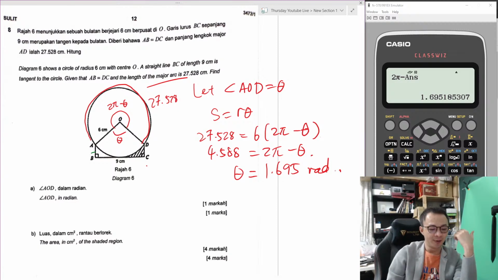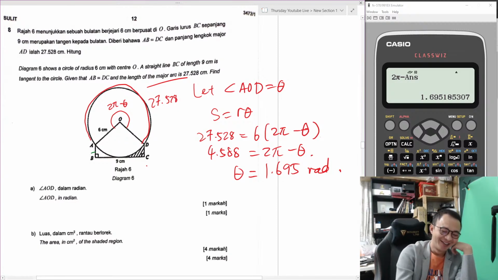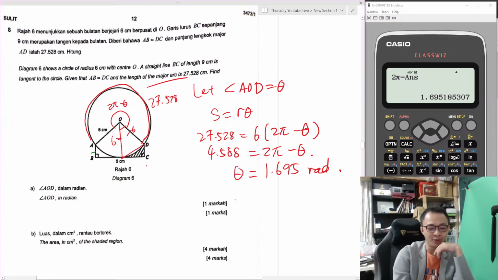Okay, come back. Just now I was trying to find this length here. This is 6 and 6, and I have the angle between, so I can use the cosine rule to find, let's call the middle point M here, the MD, so that I can find my DC. I will divide this angle into half, so the angle between right now is 0.848.